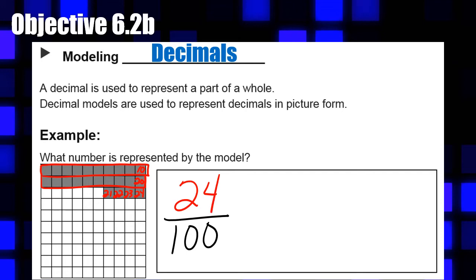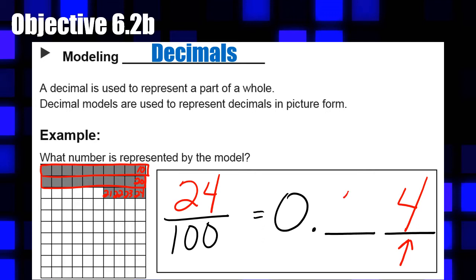And so if I say this fraction, 24 hundredths, we know that our decimal has to have 2 place values here. And so we have 24. So the 4 is going to go in the hundredths place, and the 2 is going to go in the tenths place.